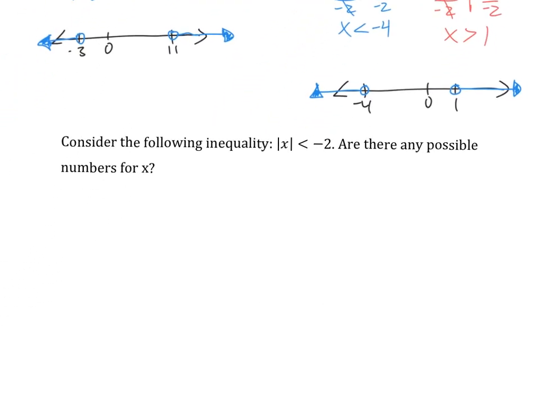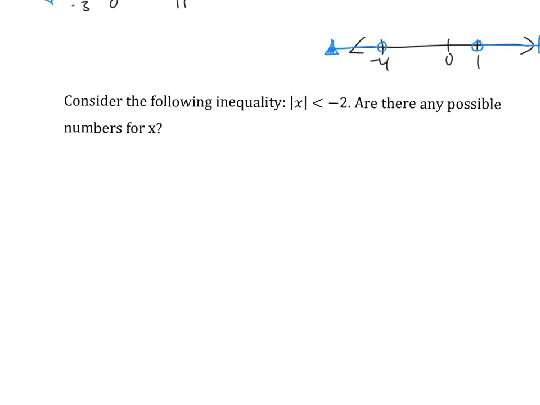Okay. Last thing we want to think about considering this inequality. The absolute value of x is less than -2. Are there any possible numbers for x? Well, let's think about what this reads. It is saying that there's a number that's a distance of less than -2 away from 0. Is that possible? Well, no, it's not, because we cannot have the absolute value of any number being a negative number, okay?